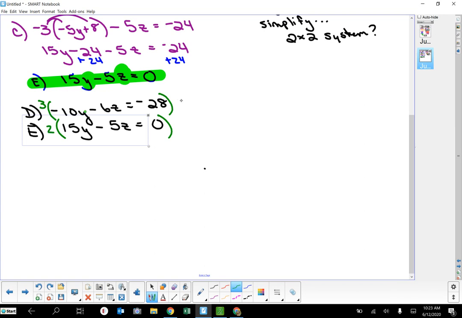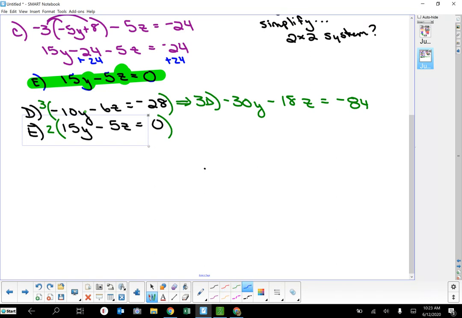Okay, so let's see what happens when I go this way. I'm going to get 3 times D is negative 30y minus 18z equals negative 84. I did that without a calculator. I'll go back and check if I get an error somewhere.